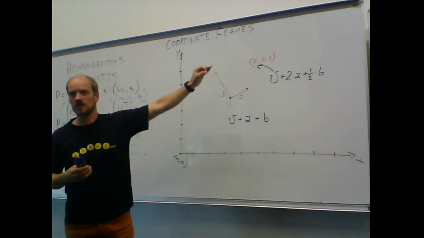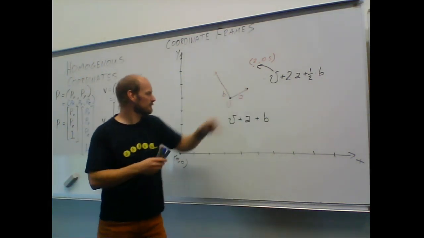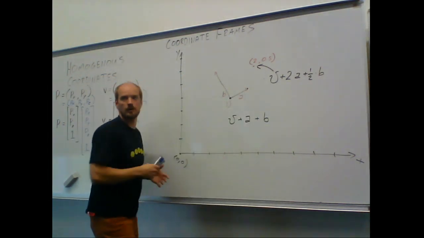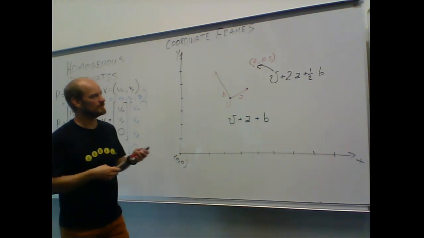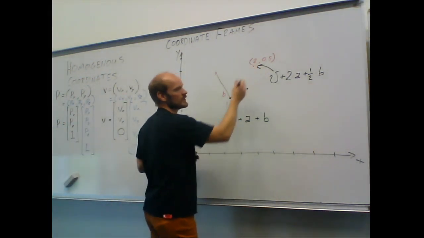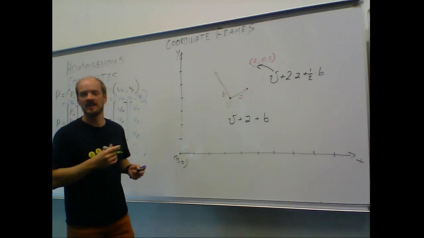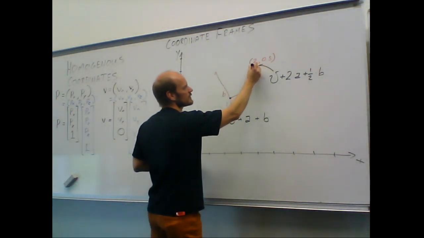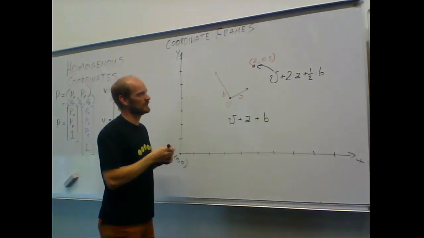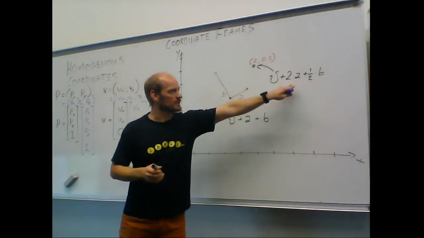It's the same position, just defined in another coordinate system. The reason why we want this will become clear as we move along through transformations. So same point, different coordinate system.